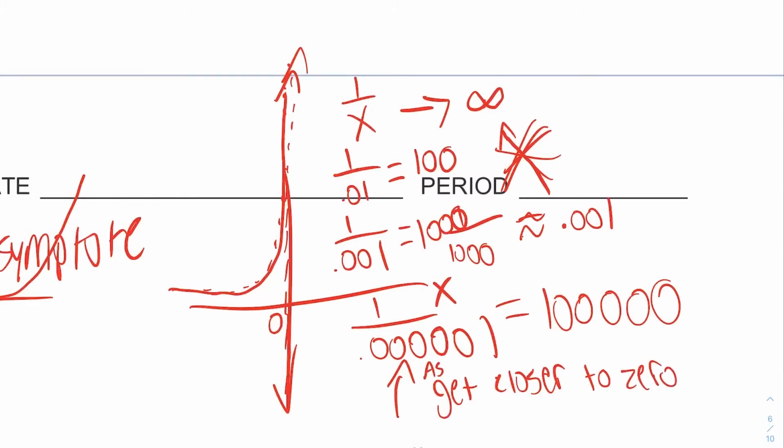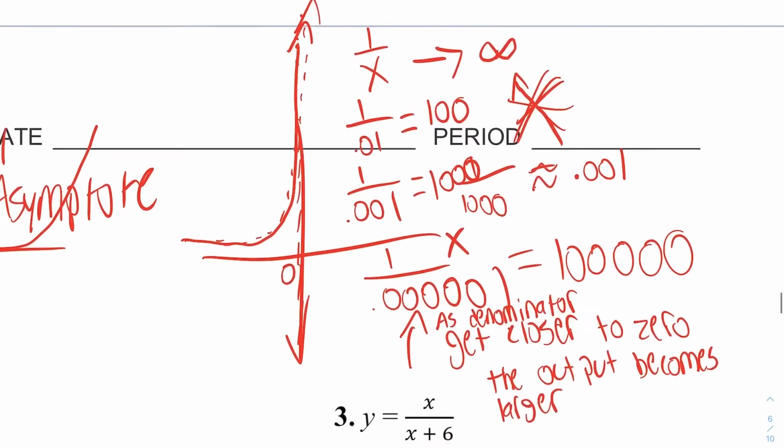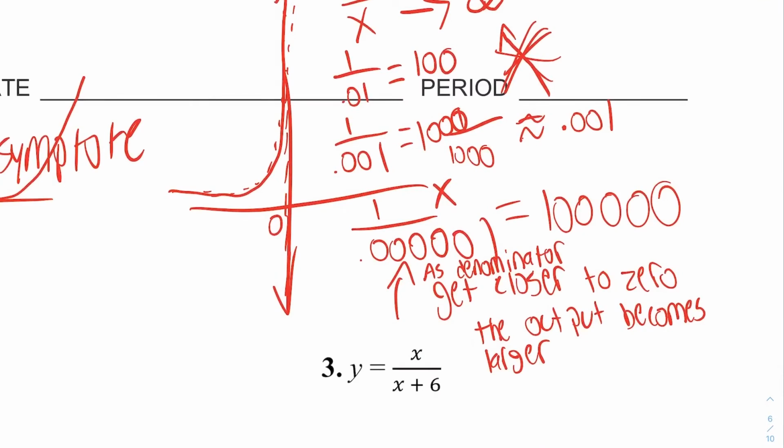As the denominator gets closer to 0, the output becomes larger and creates an asymptote.